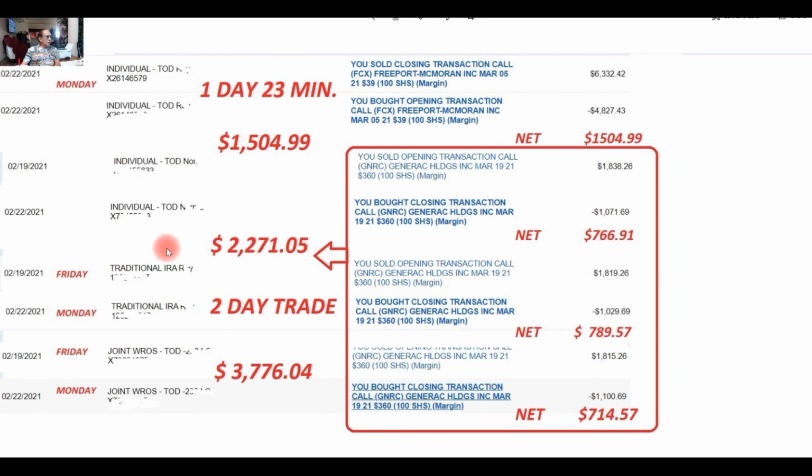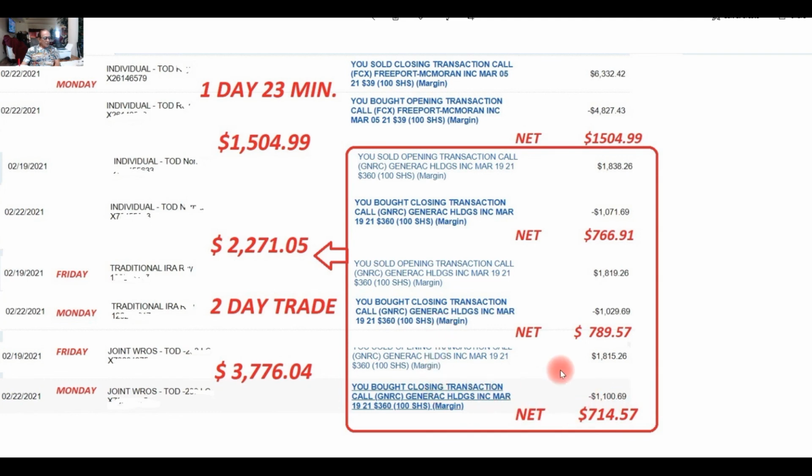Now we got other transactions that come from the Friday the 19th and the 22nd, the 19th on the 22nd, right? So we actually bought, and we netted $700 on this one. The other one netted $700, and this one netted $714.